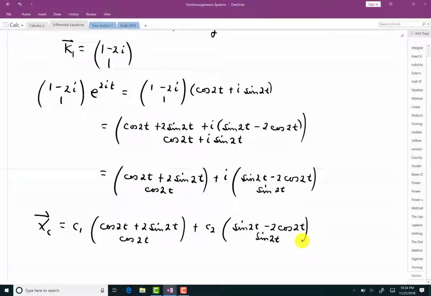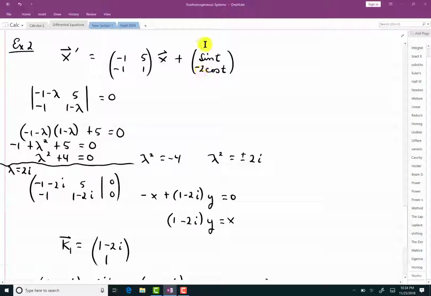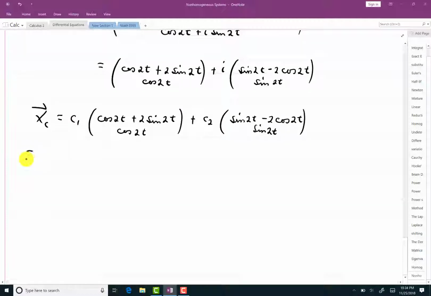Now let's take a look at the non-homogeneous part of the vector here. The f part that we have is sine of t, negative 2 cosine of t.